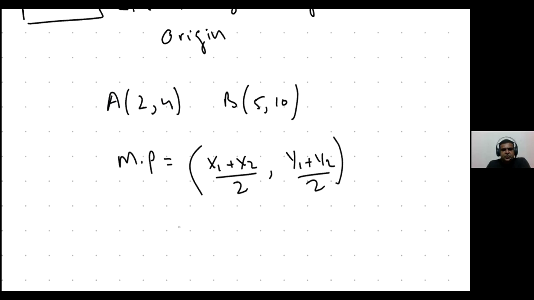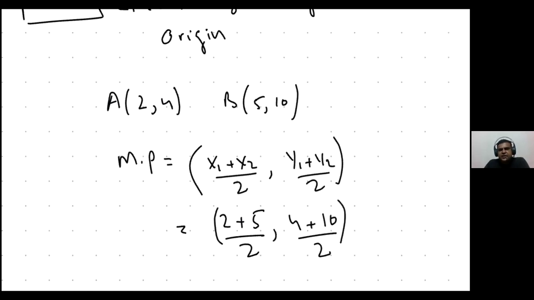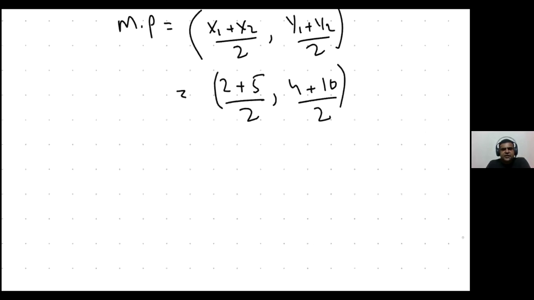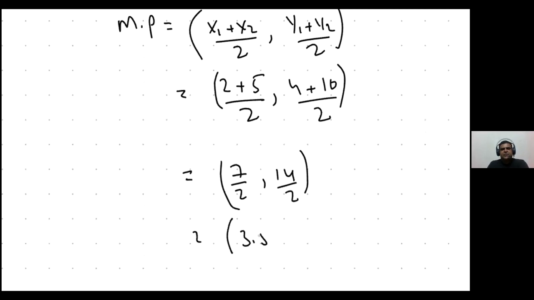X1 is 2, x2 is 5, divided by 2, y1 is 4, y2 is 10, divided by 2, right? So we find this as well like that. So what is it? 7 divided by 2, 14 divided by 2. So what we get is our midpoint as 3.5 and 7, right?